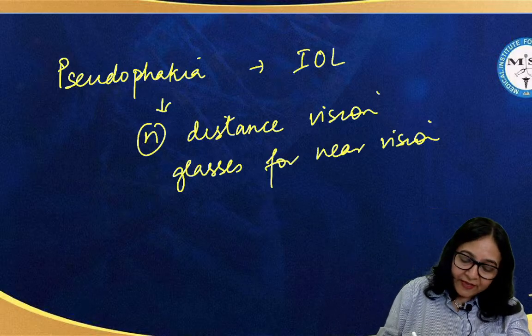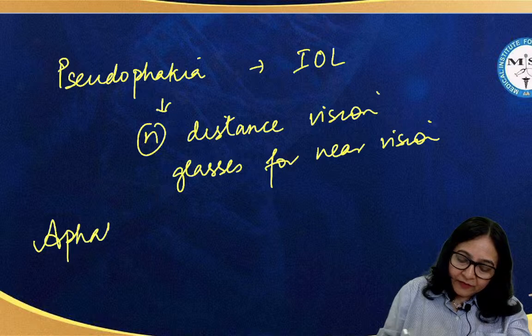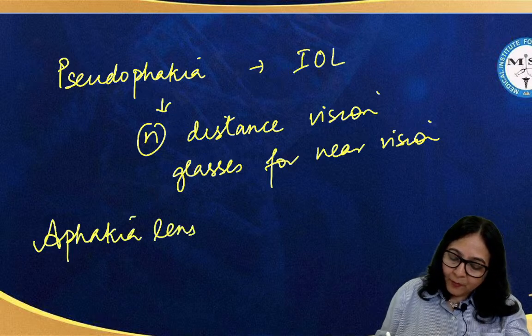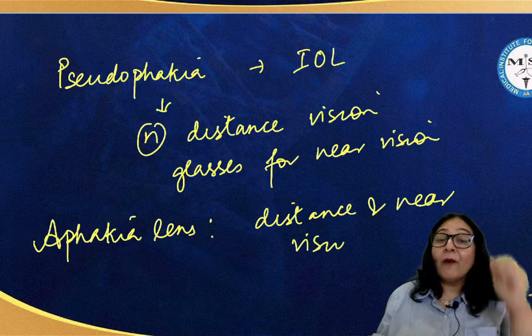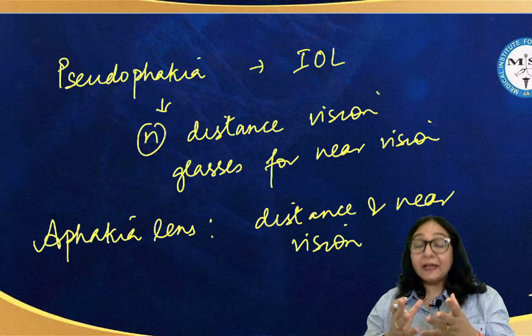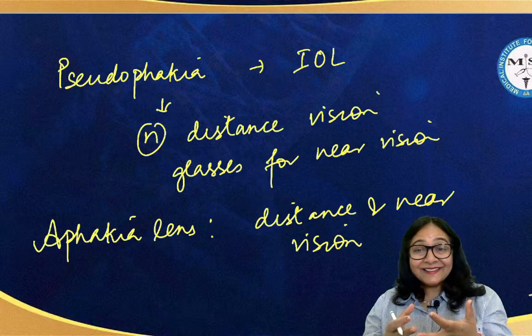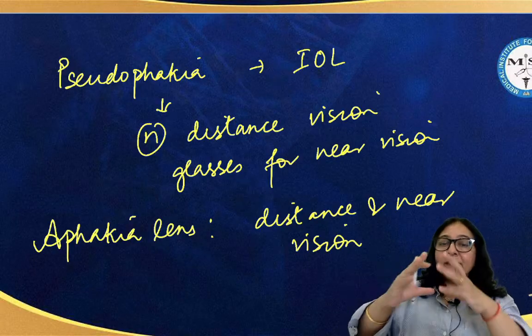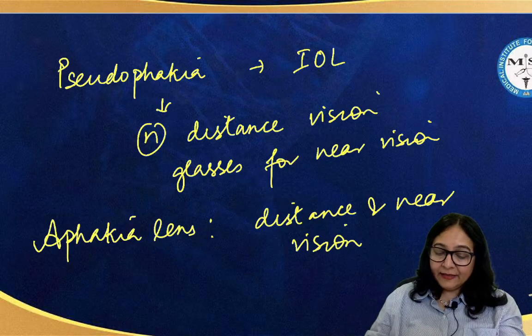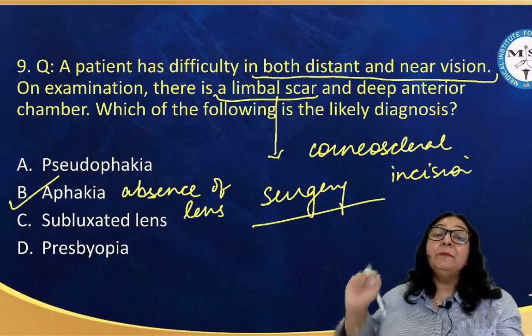But if it is aphakia, no lens, both distance and near vision will be blurred, and this patient will require either aphakic glasses or contact lenses or a secondary intraocular lens. And because there is no lens in the eye, anterior chamber will appear deep beta.